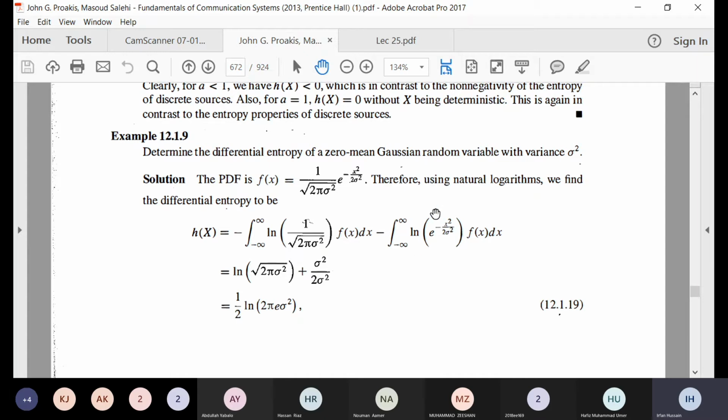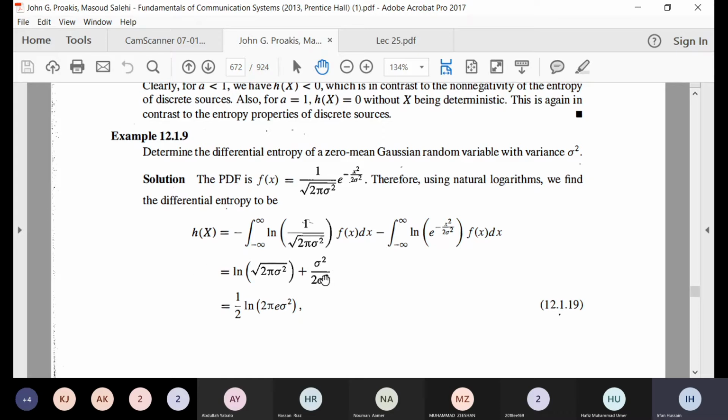Here again, the ln and e will cancel, and this power will come here, minus minus will cancel, and become x squared over 2 sigma squared. So 2 sigma squared is just a constant, but x squared into f(x), this is sigma squared, over 2 sigma squared will come out of this integral.